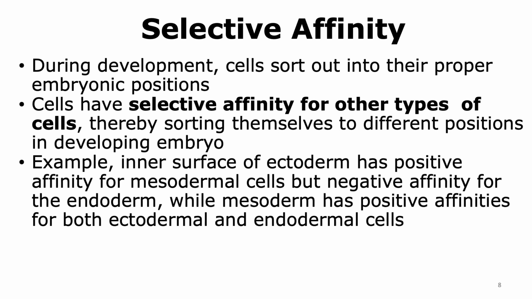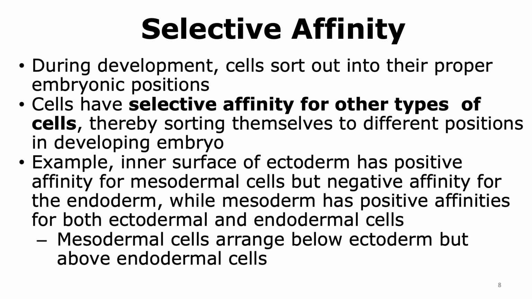Whereas the mesoderm cells have positive affinities, or like to interact, with both the ectodermal and the endodermal cells. Thus, the mesodermal cells like to arrange themselves in such a way that they're below the ectoderm but above the endoderm, or basically they like to be sandwiched between the ectoderm and the endodermal cells.